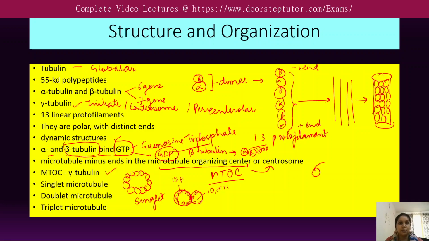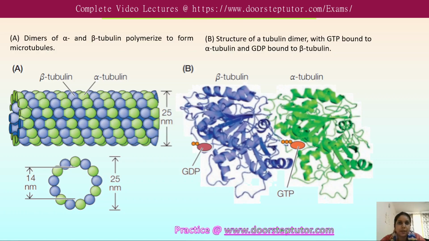Now, in the triplet microtubule, what happens? The three microtubule rings are fused together, and again one of the microtubules of the triplet contains the full 13 filaments, the others could be 10 or 11, like this. So in this way, the different microtubule patterns are present.